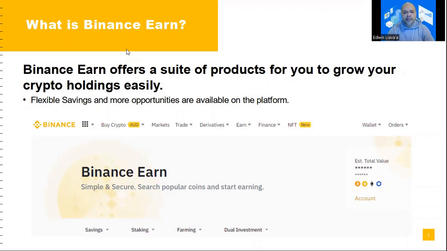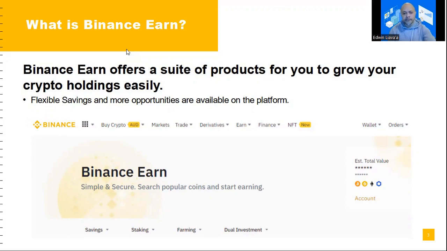As a beginner, this is the best avenue for you to earn some interest on your investments while you learn the ropes and all the products, and know how to read trends and how to trade before you pursue your goals and your portfolio in doing cryptocurrency investments, right? Binance offers a suite of products that helps you grow your crypto holdings easily, right? And part of that is flexible savings and other opportunities that are available on the platform.